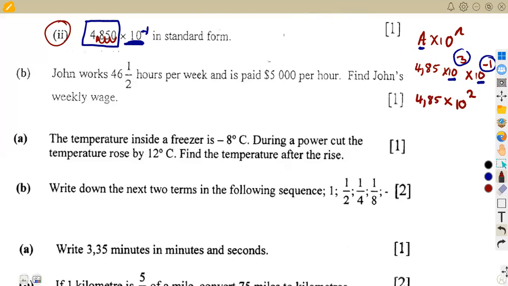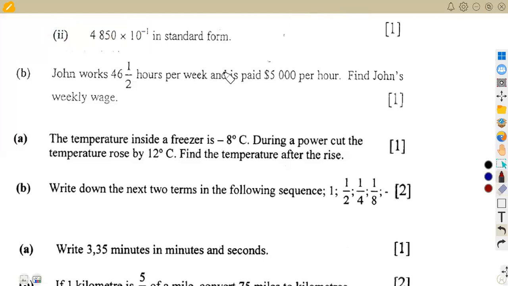Okay, someone can convert first, because 10 to the power -1 means what? 4,850 like this times 10 to the power -1. What does it mean? We are simply dividing by 10, or we are simply moving 1 comma to the left if we are to convert to ordinary form.